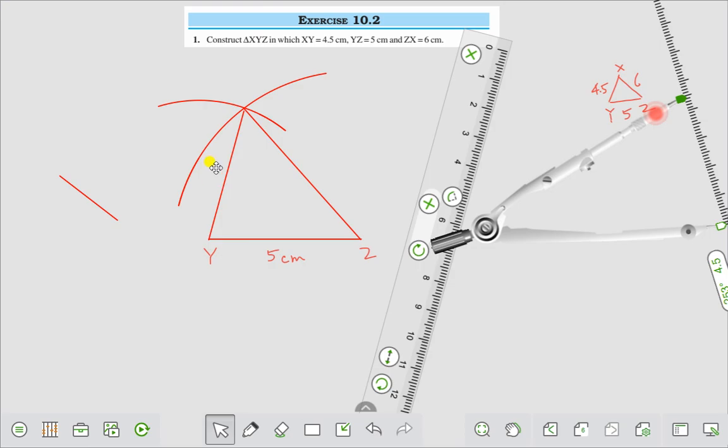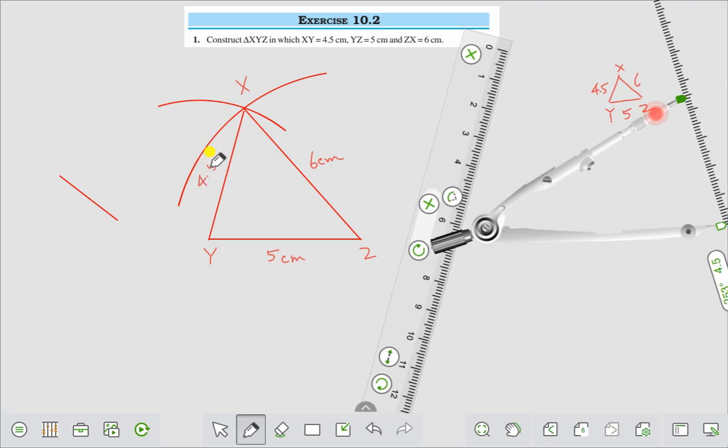Now, the name of this point is X. This is X, Y, this is Z. And we have taken XZ as 6 centimeter and XY as 4.5 centimeter.